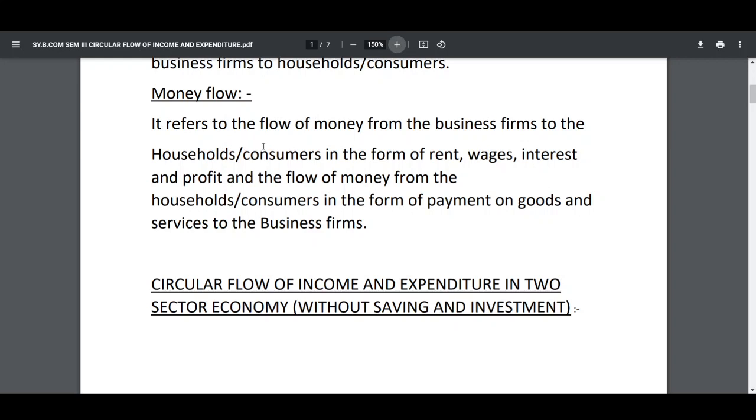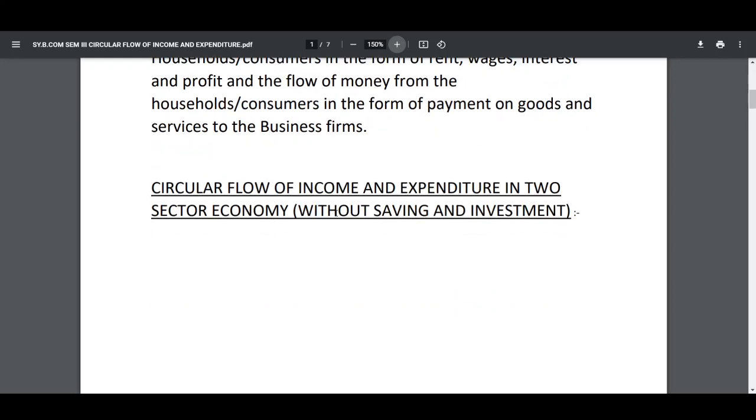It refers to the flow of money from the business firms to the households or consumers in the form of rent, wages, interest and profit, and the flow of money from the households or consumers in the form of payment on goods and services to the business firms.